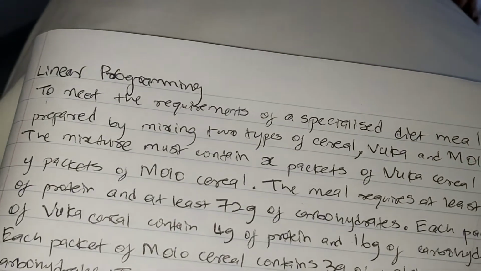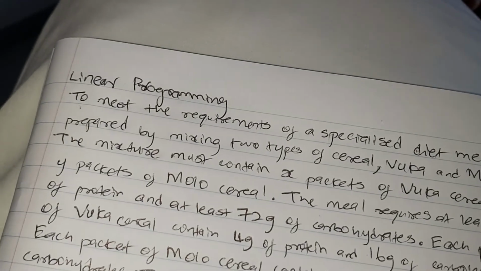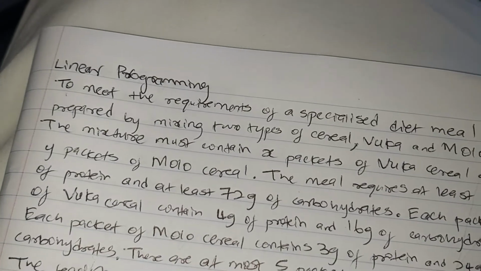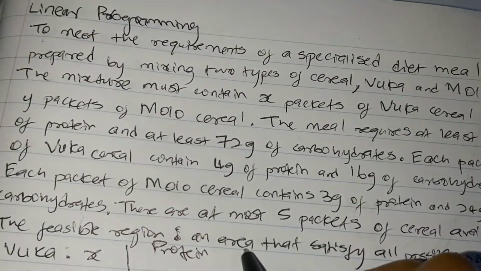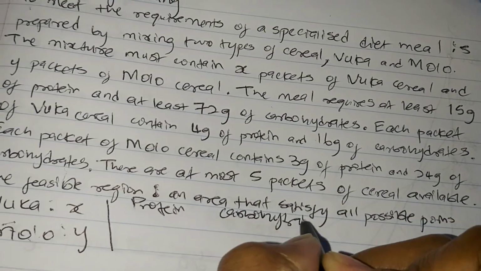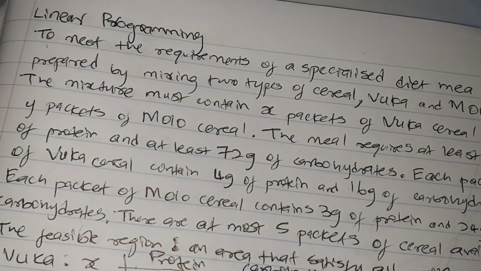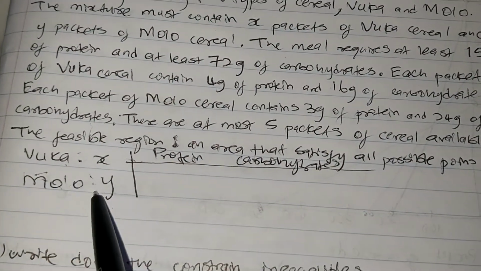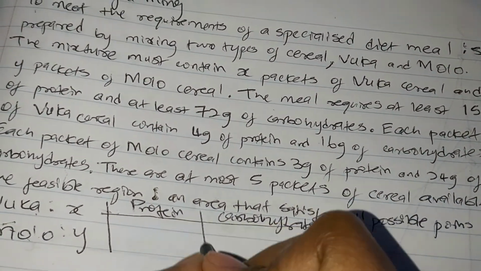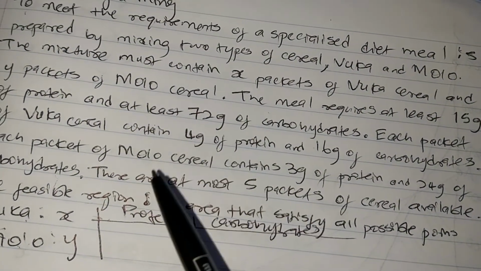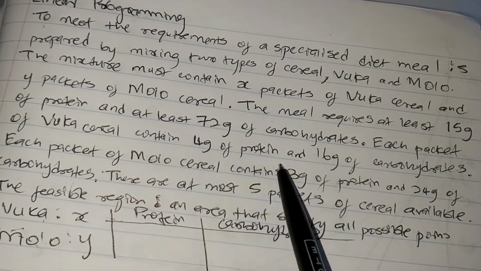So let's say we've got protein and then we've got carbohydrates. Then we've got our Vuga, which is X, we've got Molo, which is Y. Protein, they said the protein for Vuga is 4 grams and the protein for Molo is 3 grams.